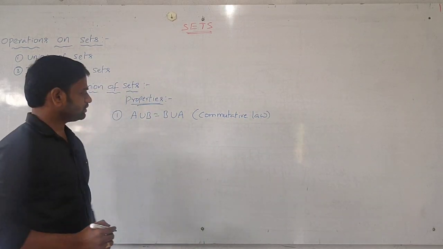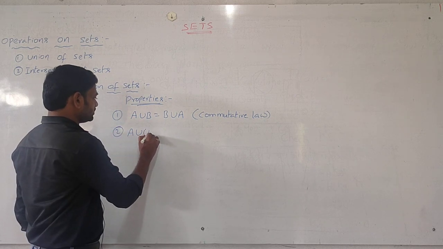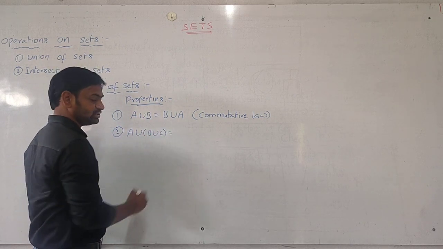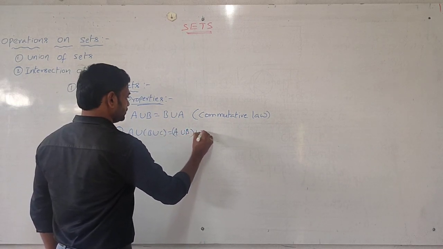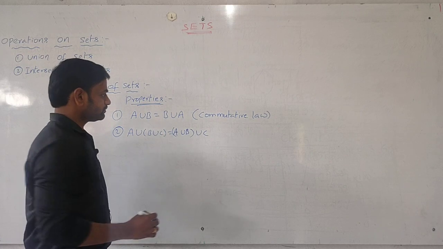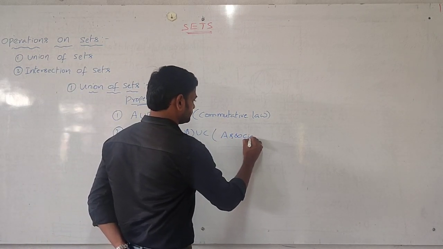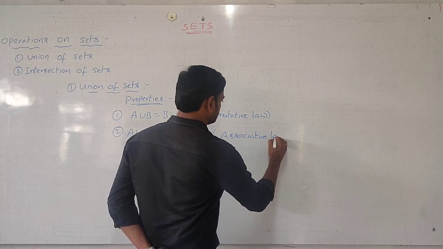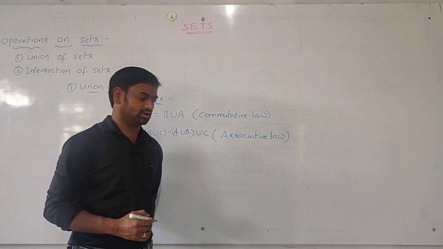Next, second one is A union of B union C is equal to A union B union C. It is called associative law.